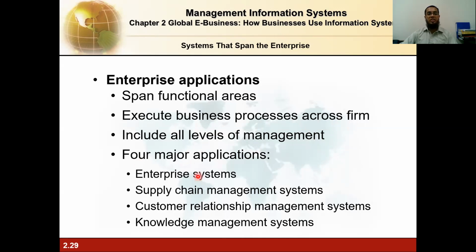Of the four major enterprise applications, we have supply chain management systems, which focus on the supply chain. Then CRM, customer relationship management systems. For example, the hotel and airline industries, like Emirates, or hotels like Marriott or Serena, have CRM, customer relationship management systems.